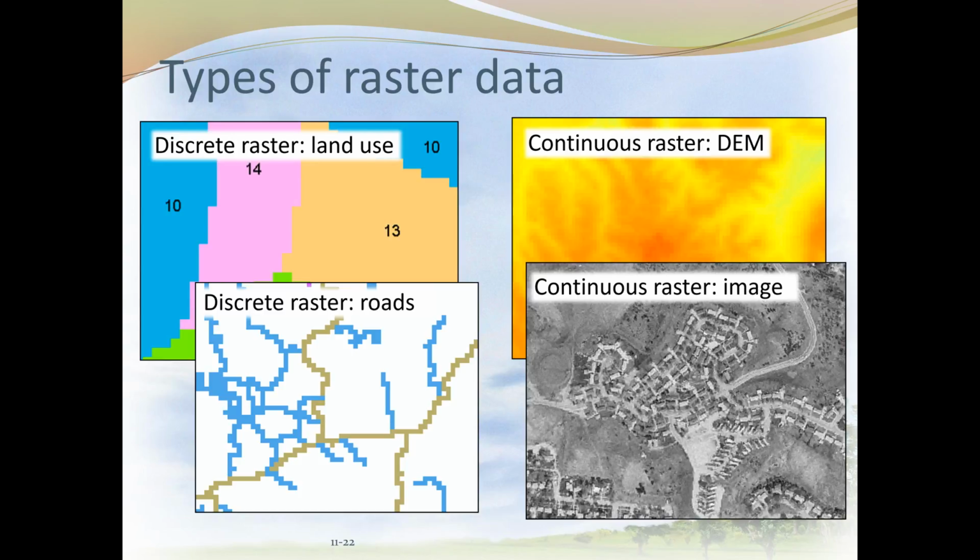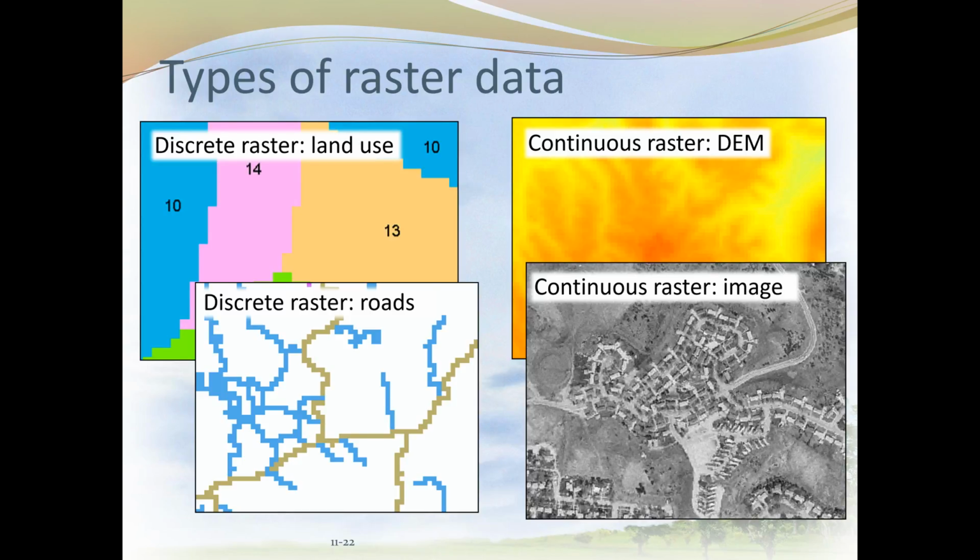And continuous data is the second. Continuous data such as elevation varies smoothly over a range of values and forms a surface or field. The vector data model best stores discrete data. Raster easily stores and analyzes continuous data.